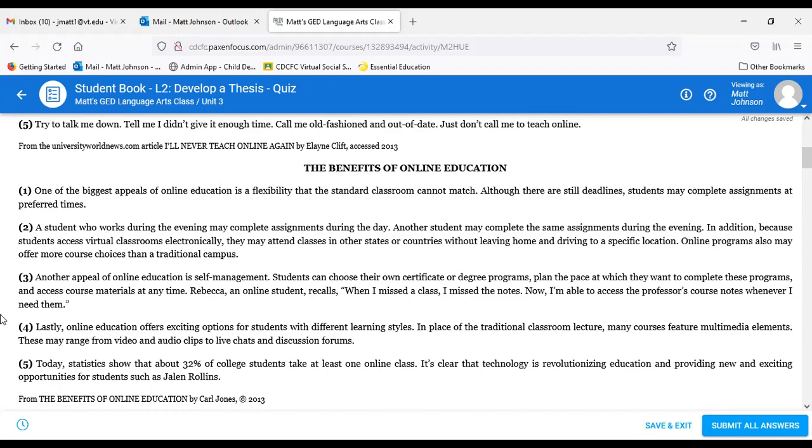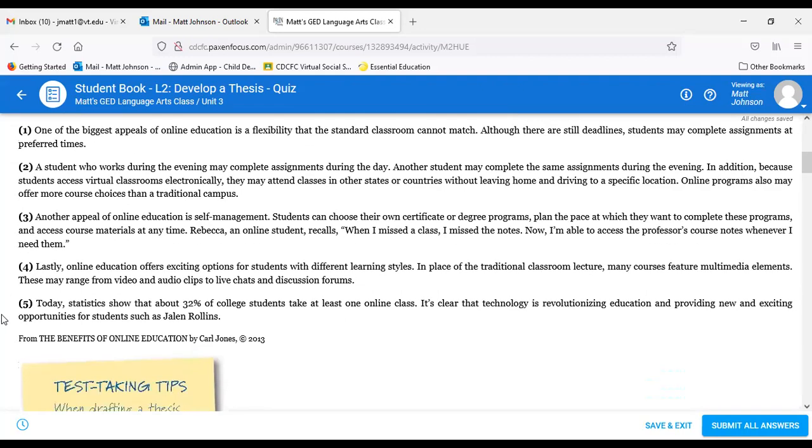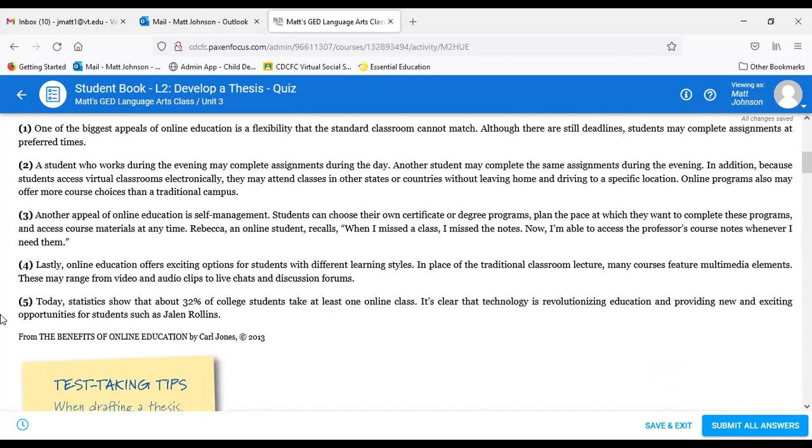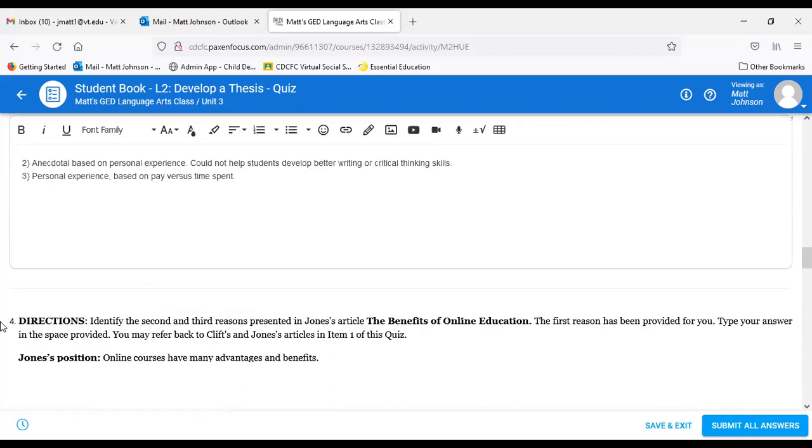If you look at that second sentence, it says in place of the traditional classroom lecture, many courses feature multimedia elements. So there's your evidence there of when he says, learning options different for different students. And then he supports that with traditional classroom lecture is replaced with many courses featuring multimedia elements.